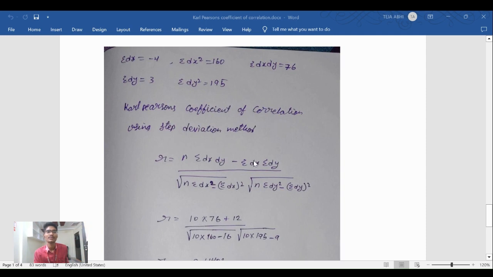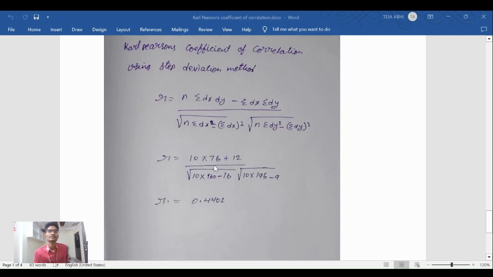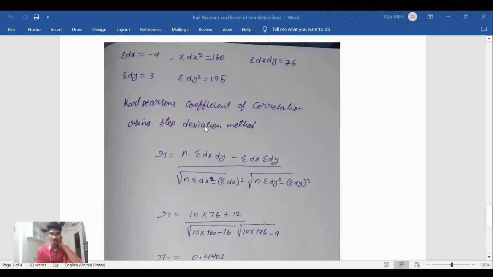Summation dx into summation dy is the product of these two values, which is minus 12, and minus into minus gives plus 12, divided by root of 10 into summation dx square, which is 160, minus summation dx whole square, where summation dx is minus 4 and its square is 16. Similarly, root of 10 into summation dy square, which is 195, minus summation dy whole square, where summation dy is 3 and its square is 9.